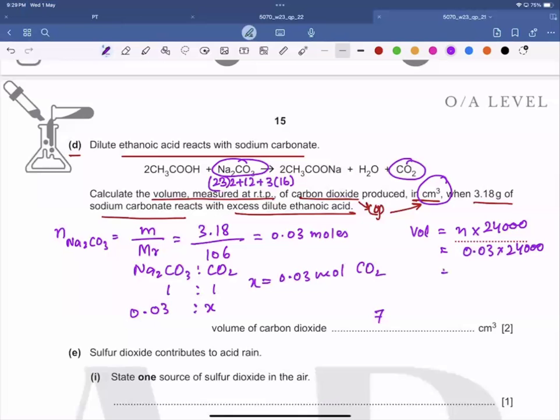So it's 720. Thank you, Hasnan and Rahim. So we got the volume 720 cm³. Is this clear to all of you?